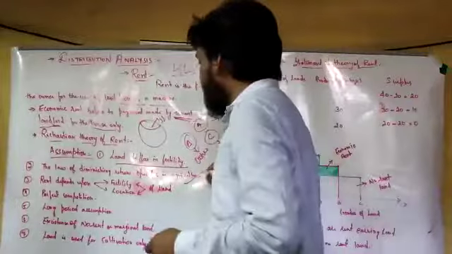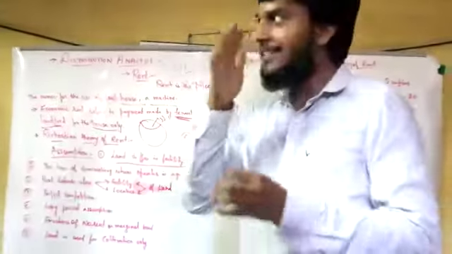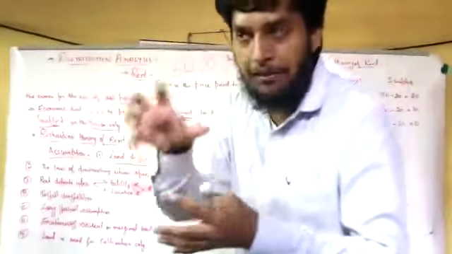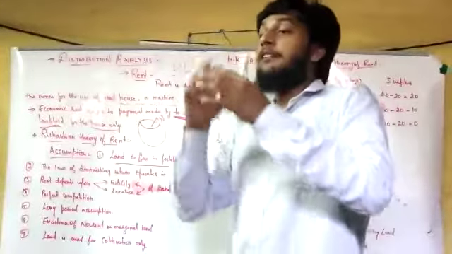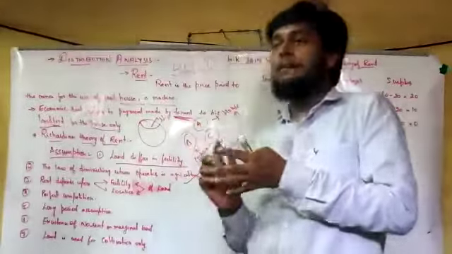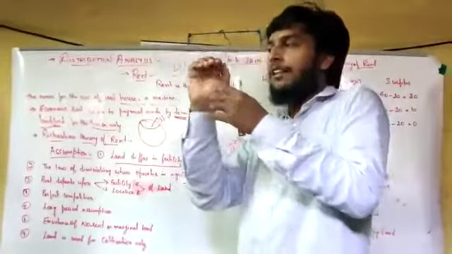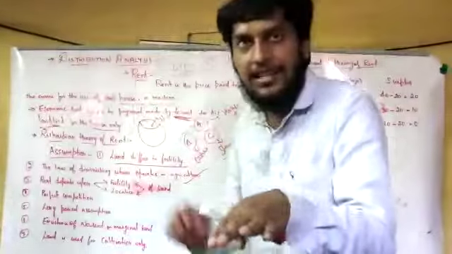Point two, he says the law of diminishing returns operates in agriculture, the law of diminishing marginal utility. What does that mean? When you keep using it, the utility decreases. When there is extra demand, there should be extra supply; when demand decreases, supply and production decrease.